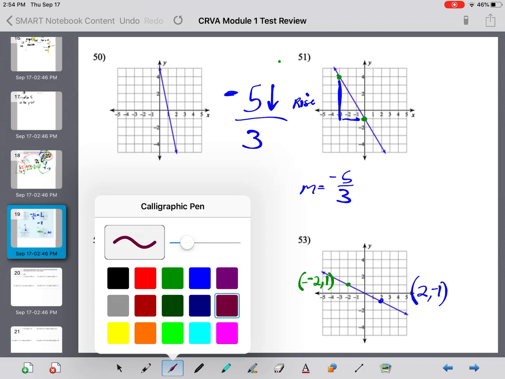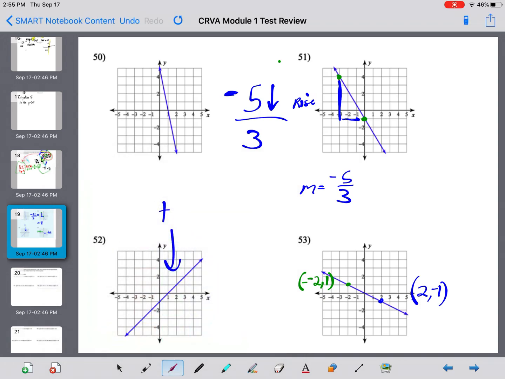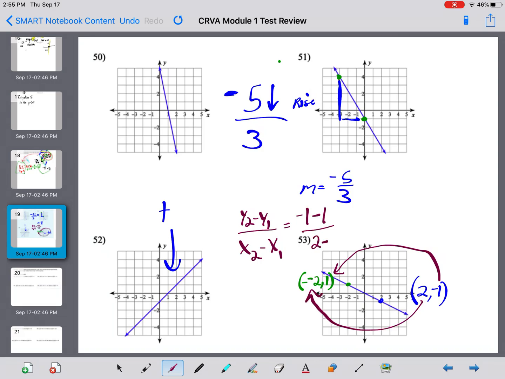So let's use our slope formula. y2 minus y1 over x2 minus x1. So take the second y minus the first y. So negative 1 minus 1. On the bottom, divide that by the second x minus the first x. 2 minus negative 2.